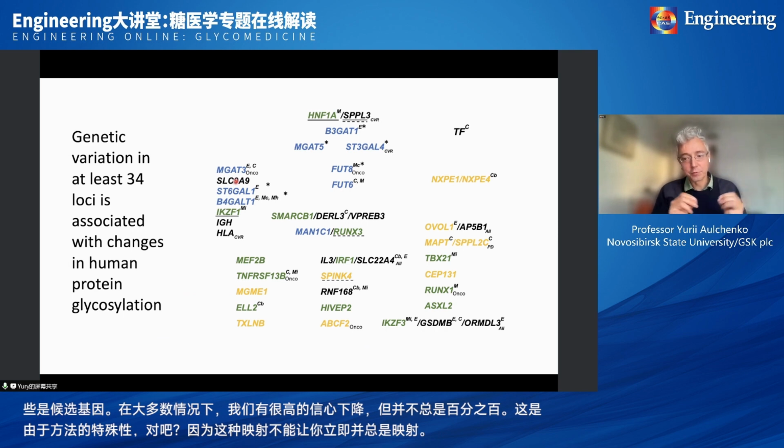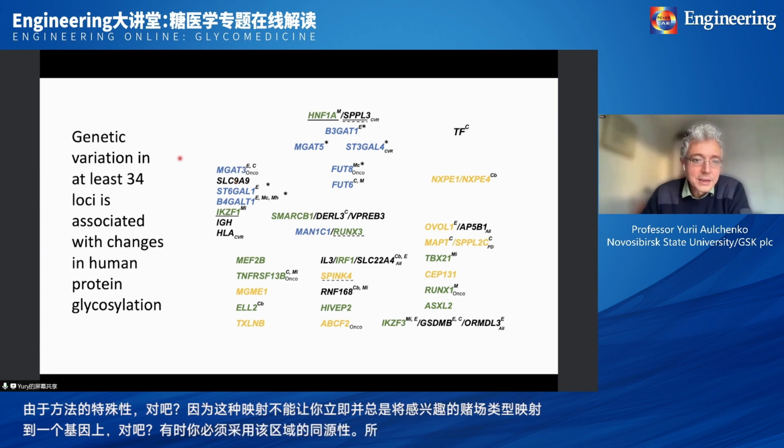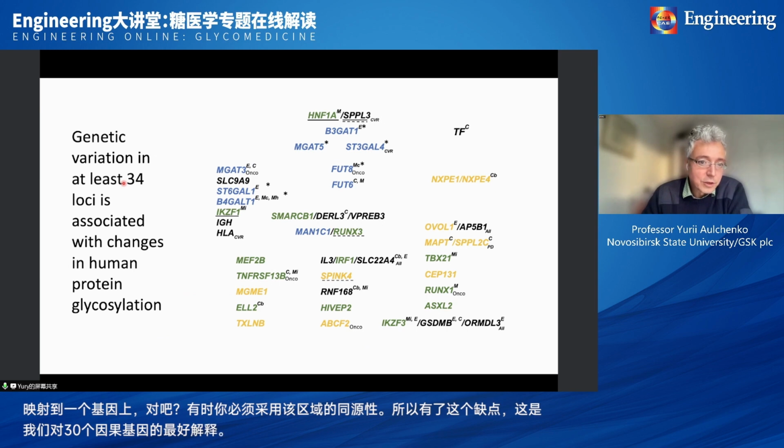Sometimes you have a doubt whether another gene in the region may be responsible. So with this drawback, this is our best take on the causal genes in the 34 loci, genetic variation in which was established to be associated with changes in human protein glycosylation, right?